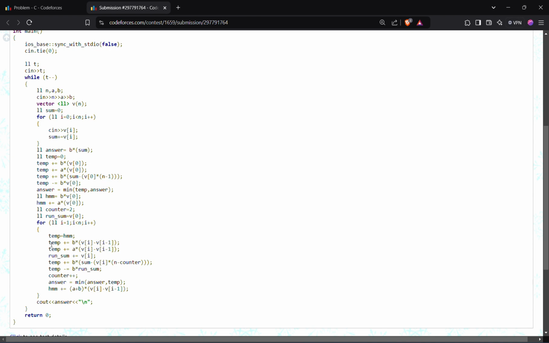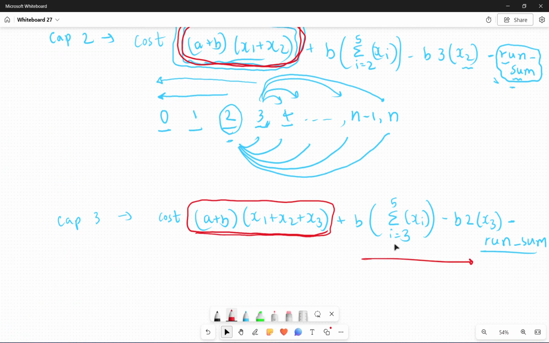So basically this is again conquering and setting the capital at that place, then running sum plus equals v of i, and this, you know, b star sum minus v of i. You know why v of i, right? So this is v of i, this is the whole sum, and these two are multiplied with b, right?